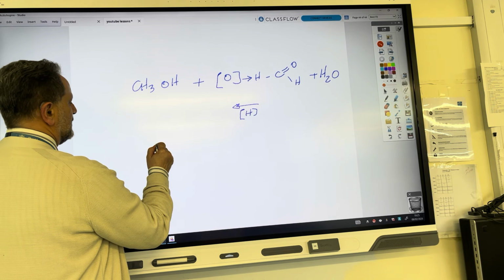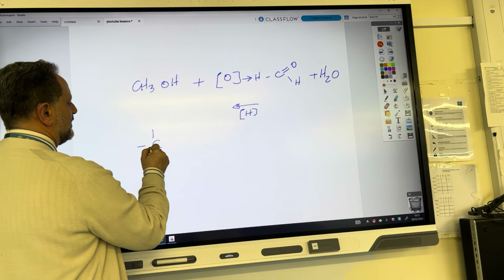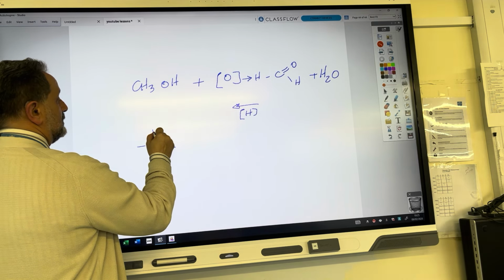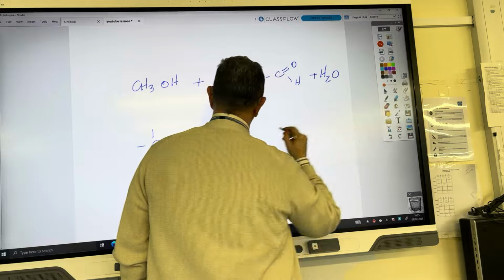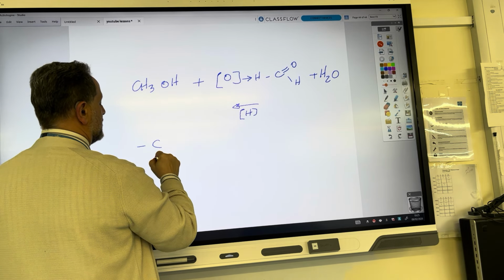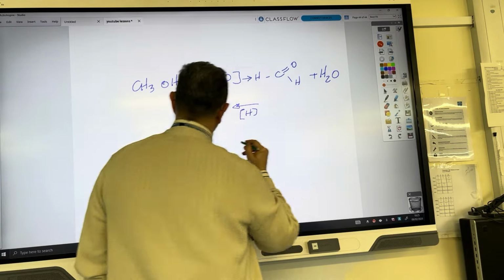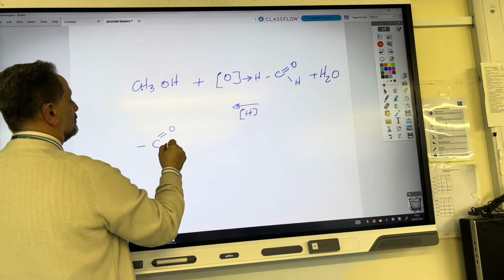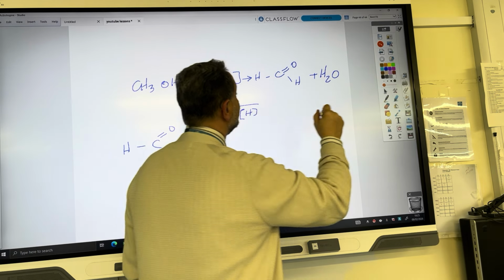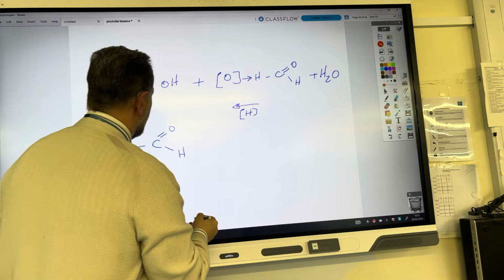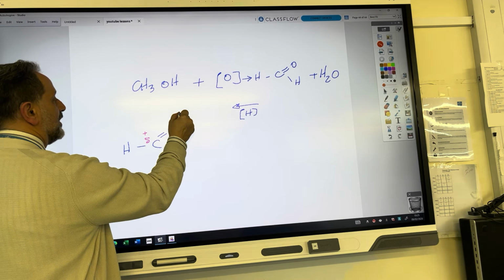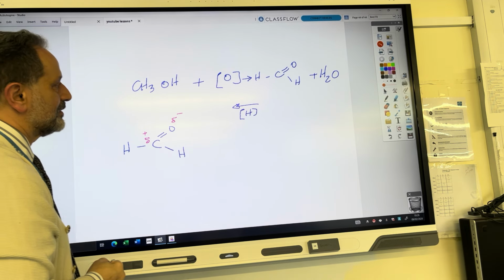Well, let's see. You have your aldehyde there. Let's draw it slightly better so you can actually see what's going on. What do we need to do? Delta plus, delta minus, right?